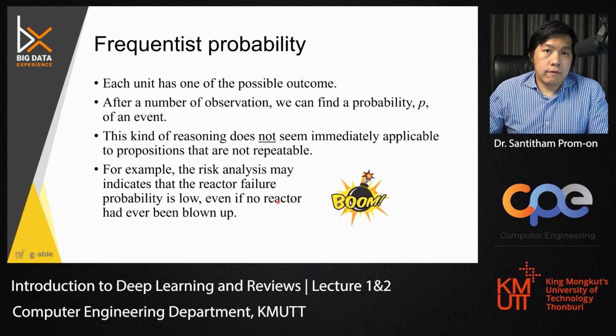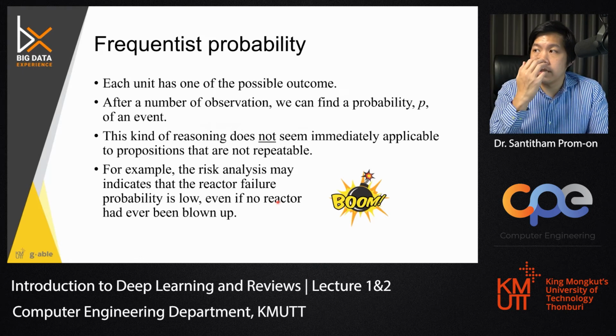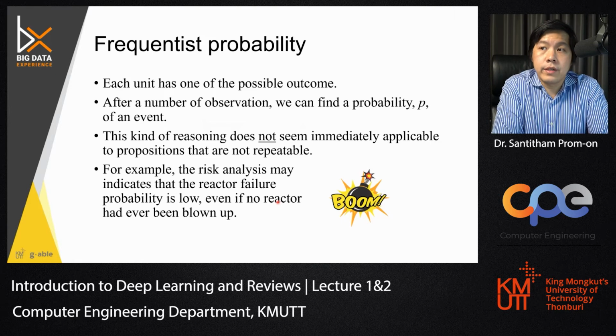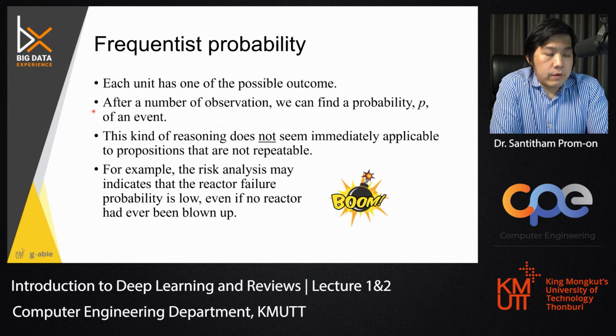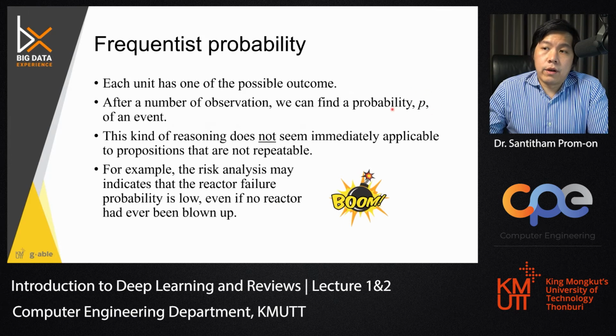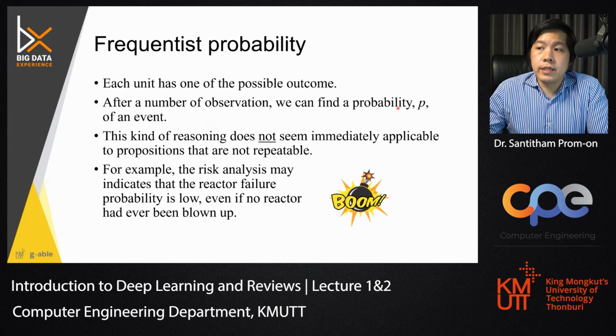The definition of uncertainty and probability can come in two kinds. One kind is frequentist probability. In frequentist probability, when you make an observation many times, you can find the number of times that it occurs, like the probability p.